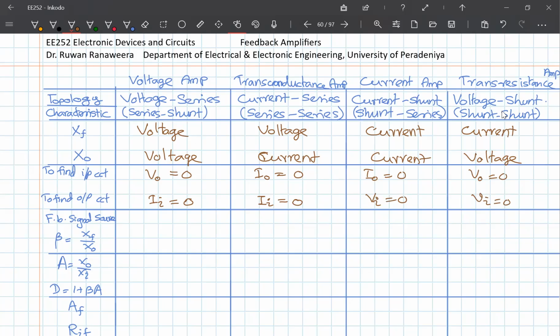So this is important: the feedback signal has to be represented as a Thevenin equivalent circuit, since it is a voltage. For the Thevenin circuit, the beta value will be V_F over V. And again, my feedback signal is a voltage, so it has to be represented as a Thevenin equivalent.